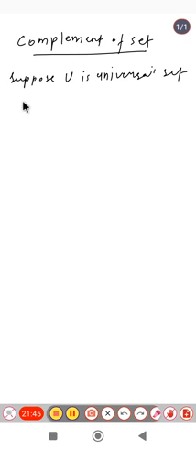If B is a subset of U, then all the elements in U which are not in B we call the complement.